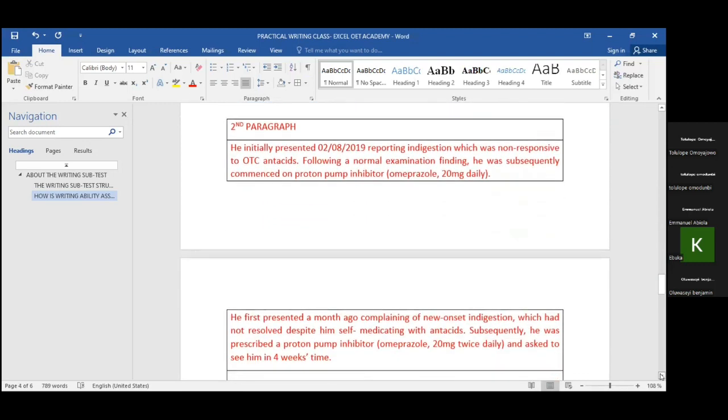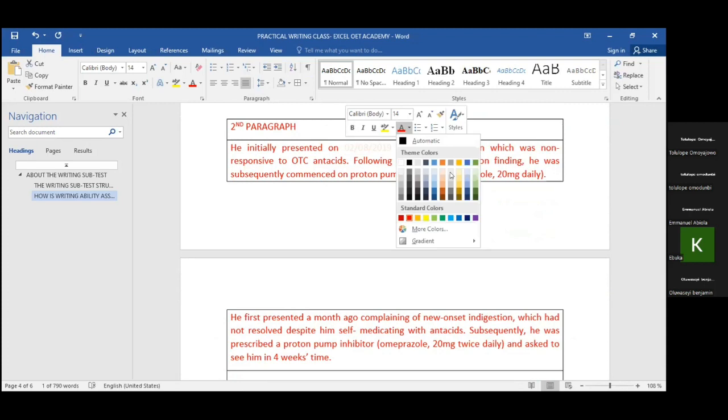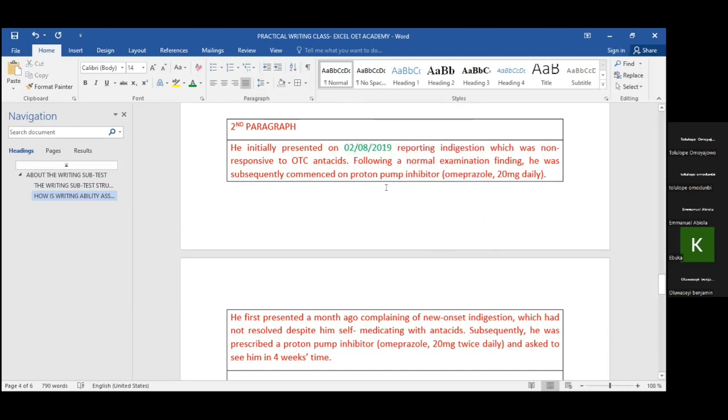Look at this. I said he initially presented, okay, on, okay, this will be on, okay. Now look at the way I wrote my date. Remember that it followed the similar dating system I used for my address and heading, correct?